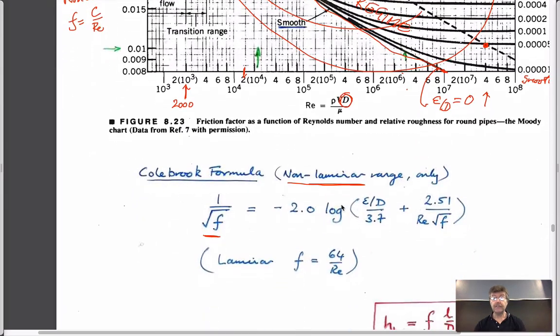It includes the effect of this relative roughness, it includes the effect of Reynolds number, and it's not very easy to use because it has the friction factor on both sides. But this Colebrook-White formula is just a representation of the graph above it, with the caveat that it doesn't represent laminar flow, but laminar flow is always given by this behavior.